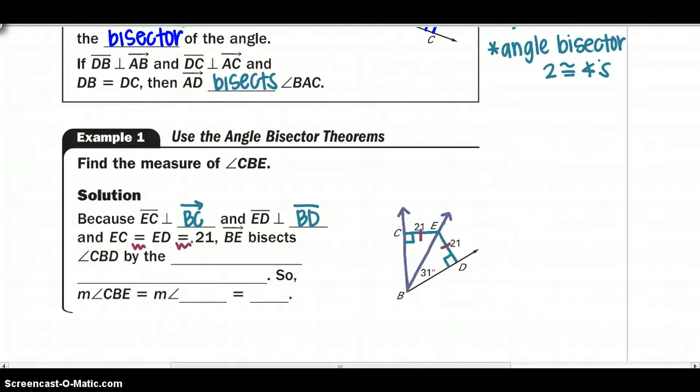So BE bisects this angle by the converse of the angle bisector theorem.